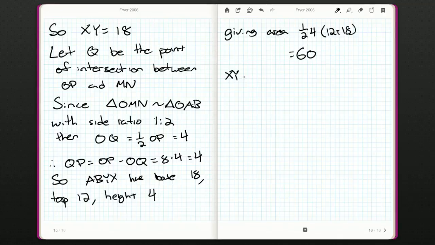And XYCD has a base of, it's still going to be 12 plus 12, which is 24. Top's going to be 18. And a height of 4.